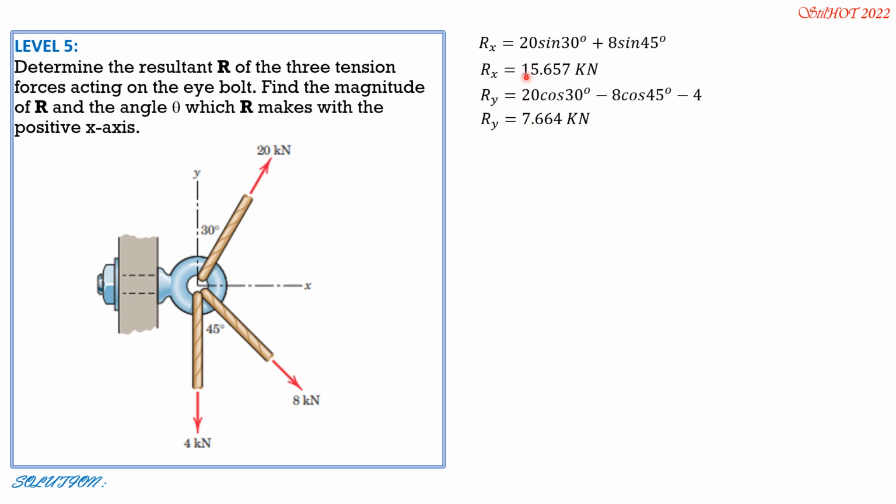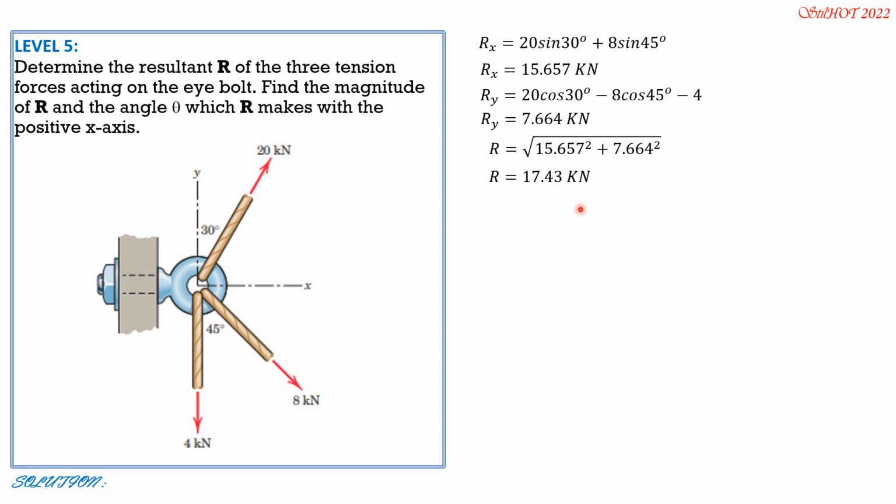Therefore, since Rx and Ry are positive, the force R is directed in the first quadrant, or it lies in the first quadrant. So the magnitude is the square root of 15.657 squared plus 7.664 squared. So R is 17.43 kilonewtons.